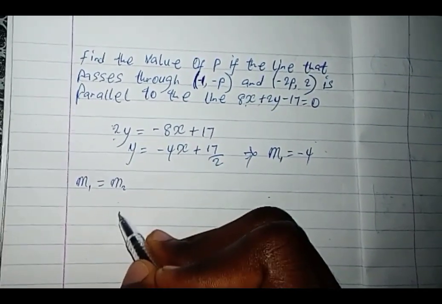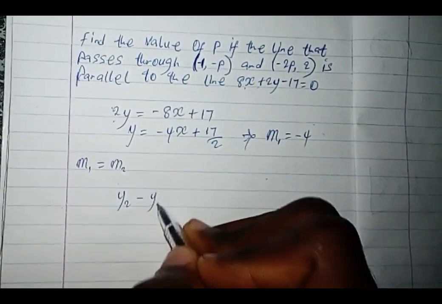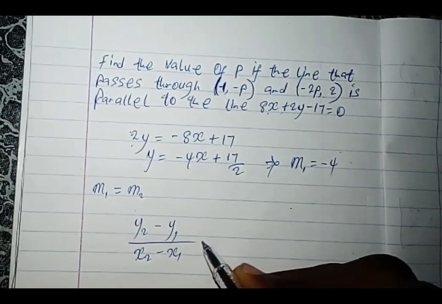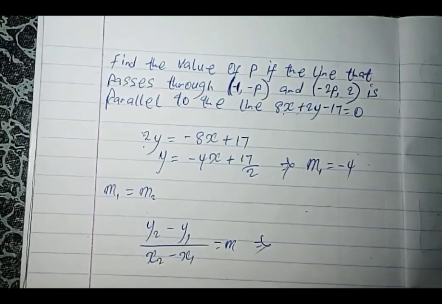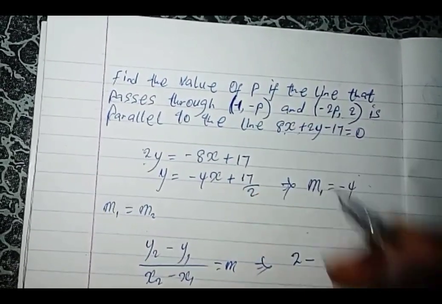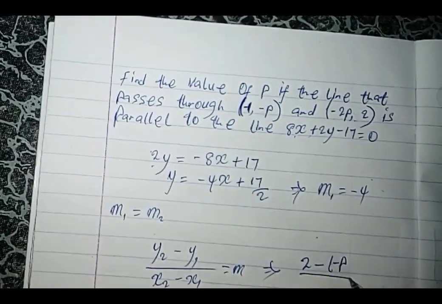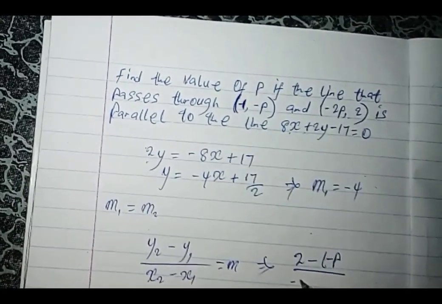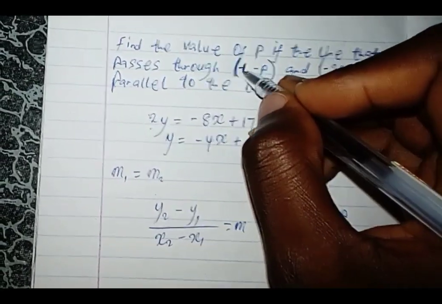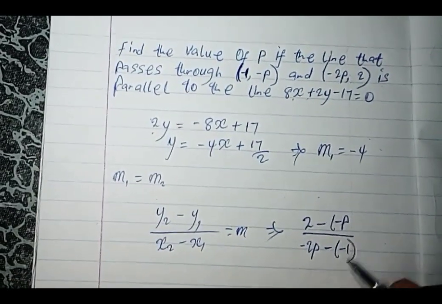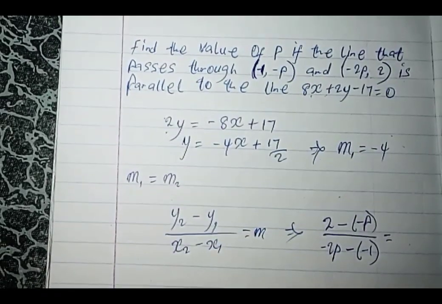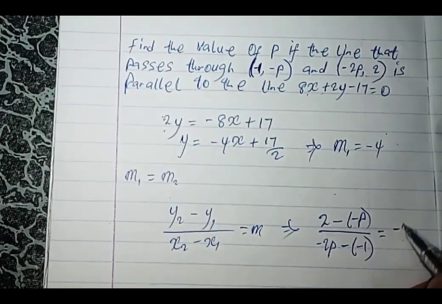Doing that, we know that y2 minus y1 over x2 minus x1 is equal to m. So this implies that our y2, that is 2, minus y1, minus p, all over x2, that's minus 2p, minus x1, our x1 is minus 1. And this is equal to our m, which is minus 4.